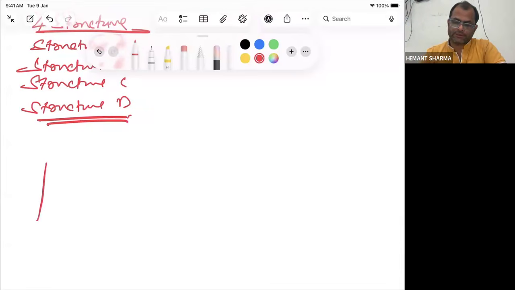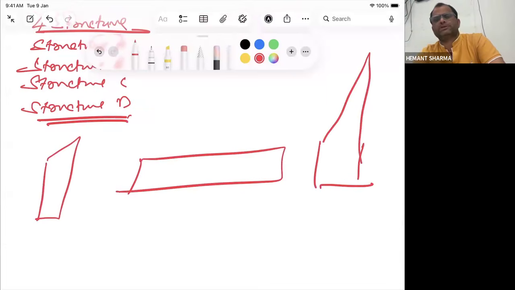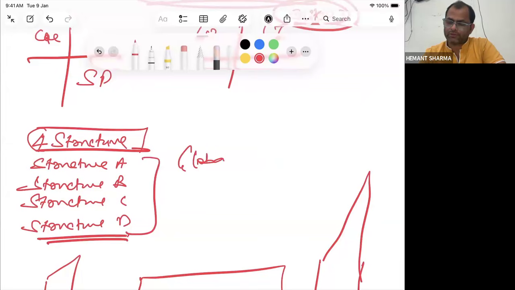One home is like this, one home is like this, one home is like this. They can make any type of home, their personal choice. So now four different structures are found in the global balance method.